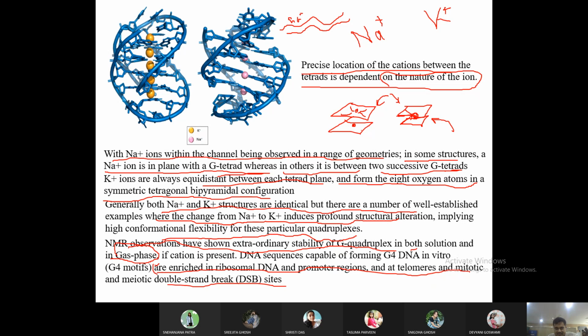So GGG, again GGG, and then we make a single strand, and we make a G quadruplex from this top strand because it has the GGG motif. So an intramolecular G quadruplex. Fine.